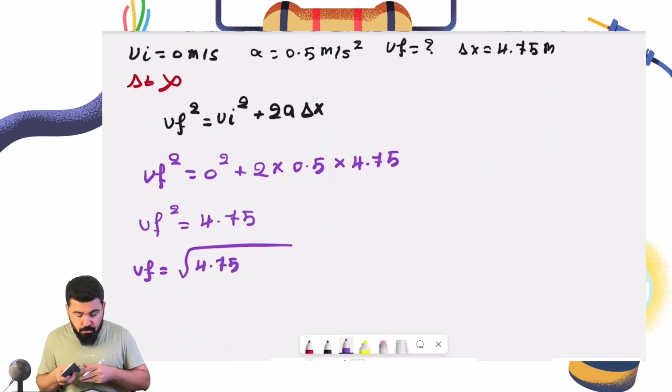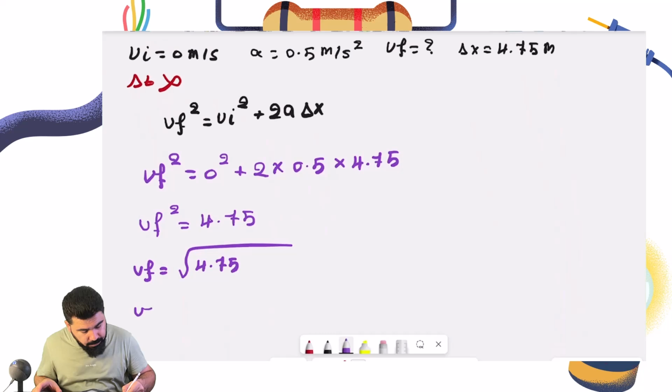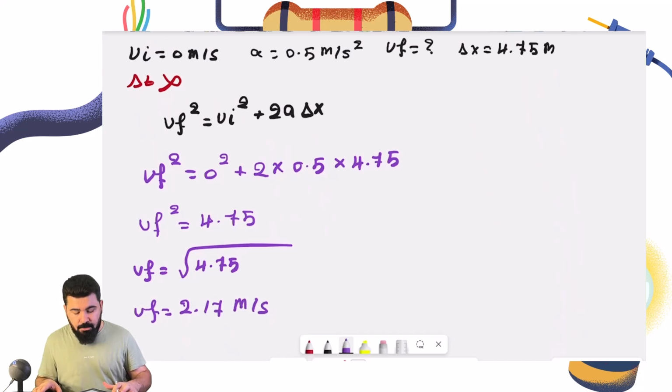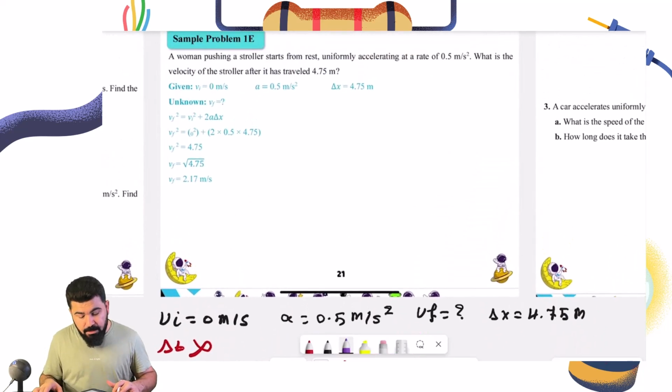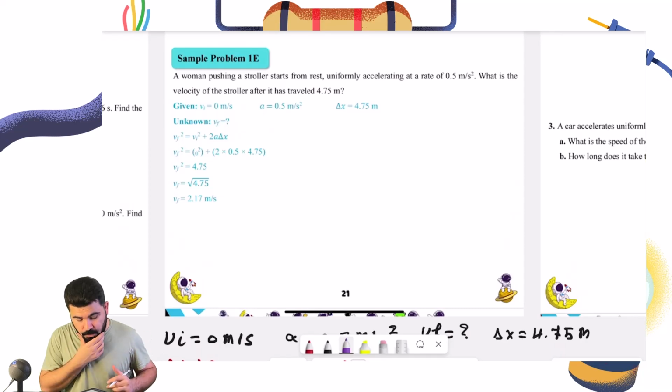Let's take the square root of this. So we have 2.17. So V final is equal to what? It is equal to 2.17 meters per second. Sorry, it's velocity, meters per second. Okay, that's it. That is the equation we use.